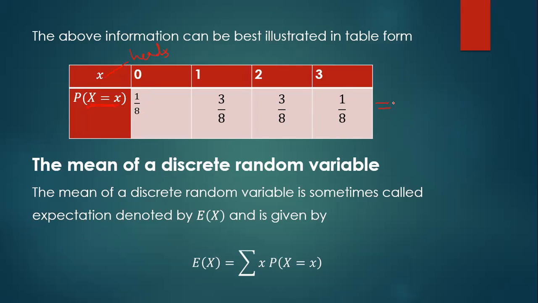So we can find out if we do the summation whether it will give us a 1. 1/8 plus 3/8 plus 3/8 plus 1/8 gives 1. So that confirms that the summation of the probability of x equaling small x is equal to 1.